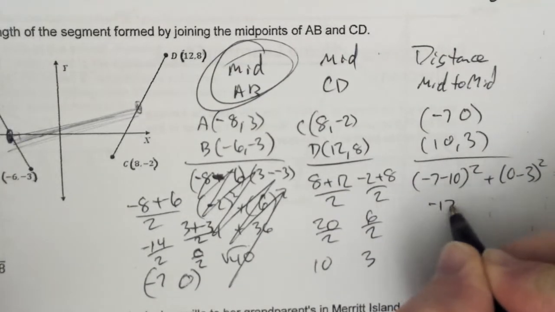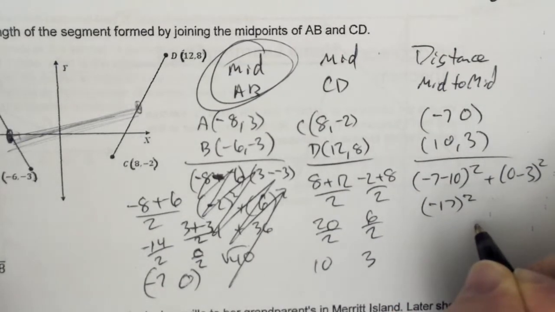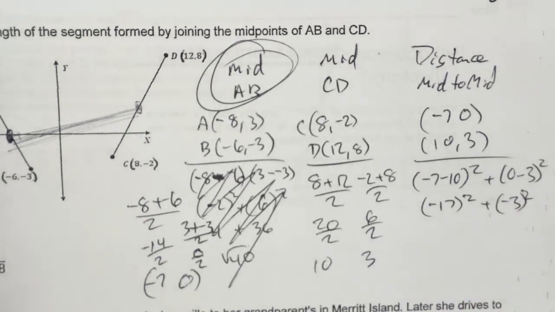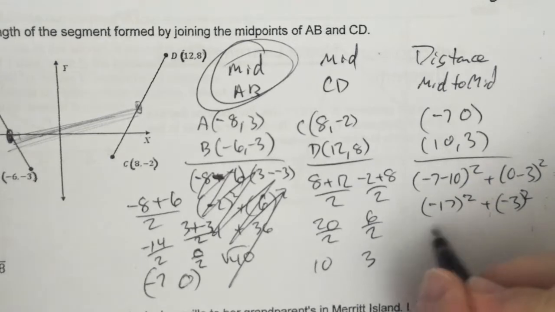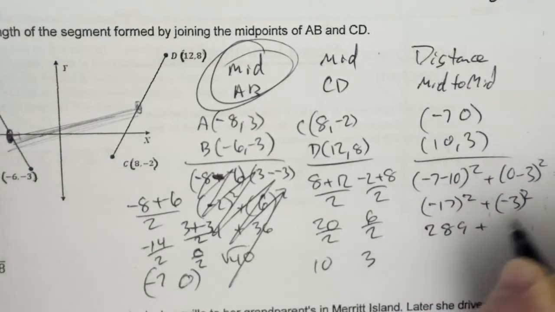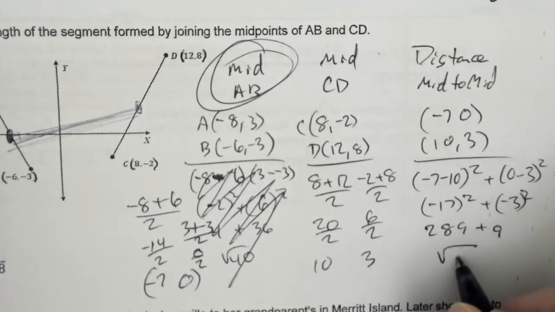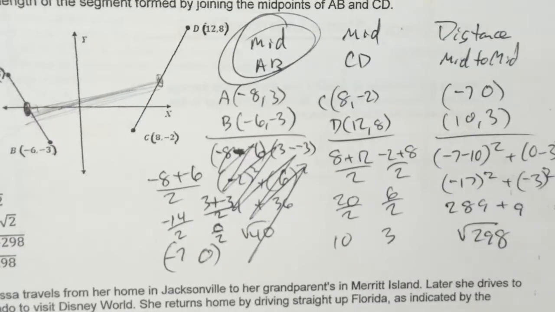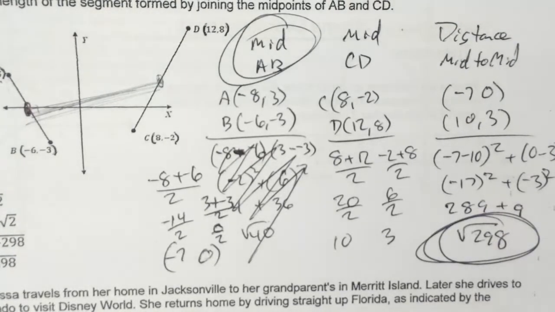We get -17 squared plus -3 squared. Okay, so -17 squared is a positive 289. -3 squared is a 9. Add those together, you get square root of 298, which is D. Okay, so that was one way how to do this.